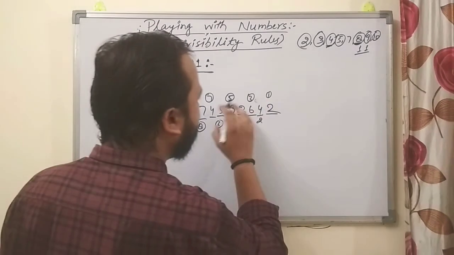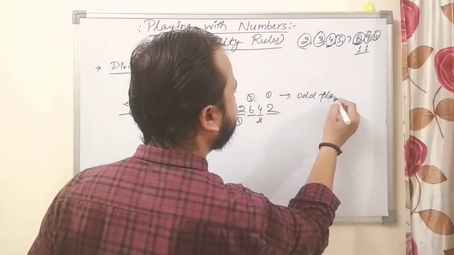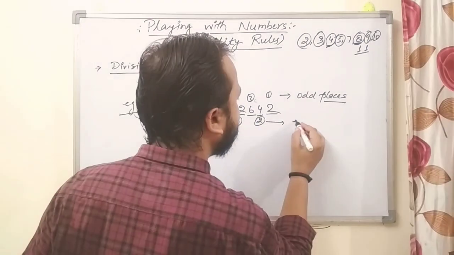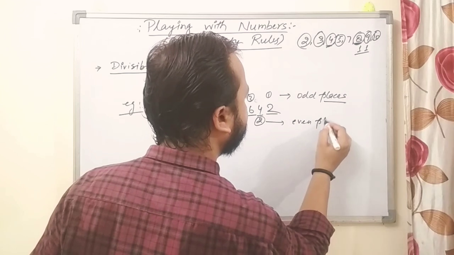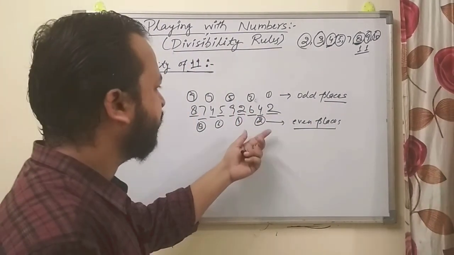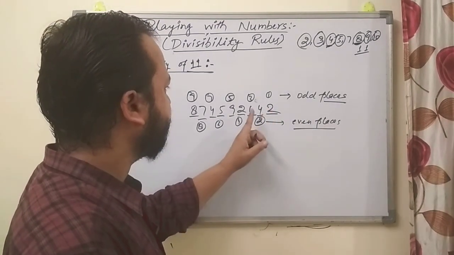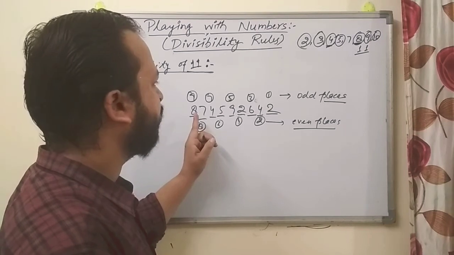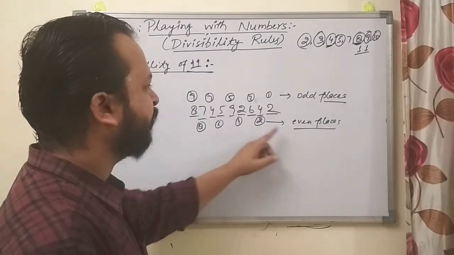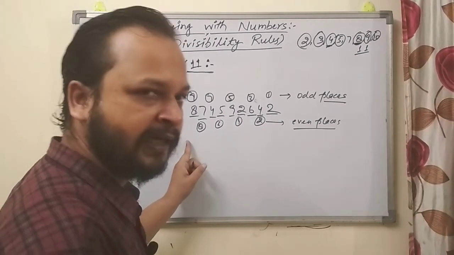The upper ones I have written are odd places, and the lower ones are even places. Places means where the digit is. So odd places are 1, 3, 5, 7, 9, and even places are 2, 4, 6 and 8.